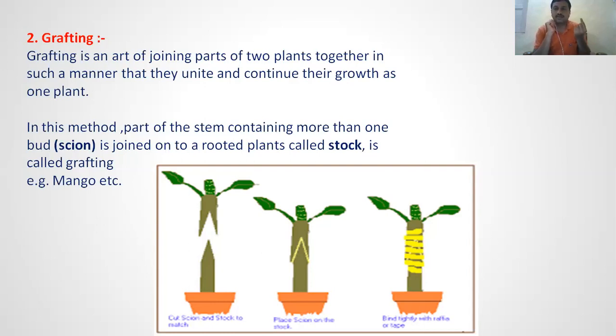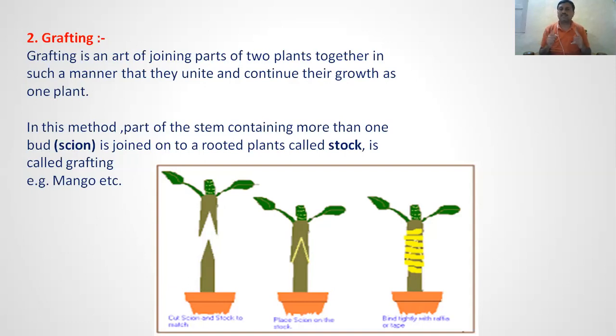This scion is joined onto a rooted plant called the stock. This is called grafting. In grafting, two terms are very important: first the scion, and second the stock. Two different plants get joined to each other and produce one plant.